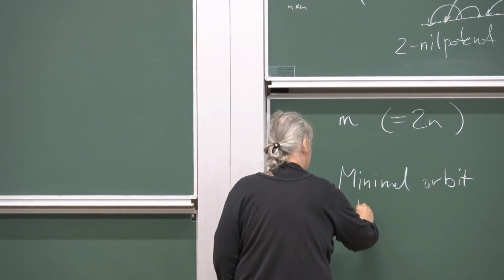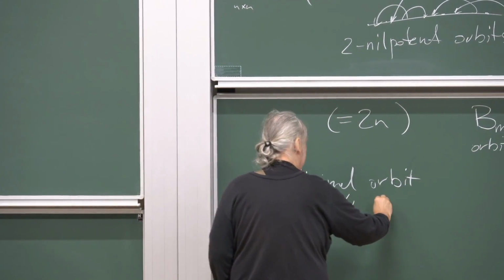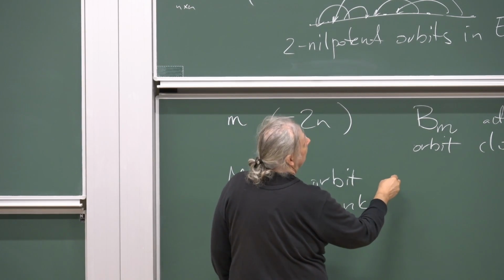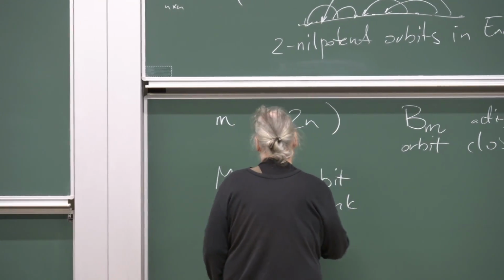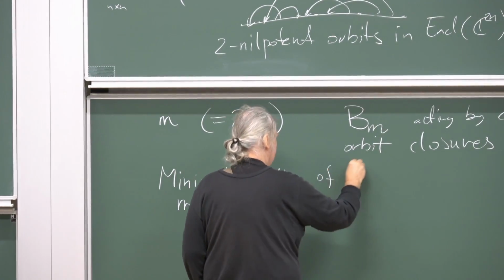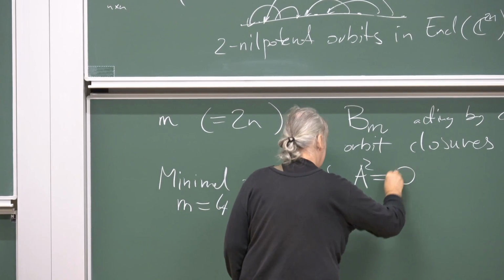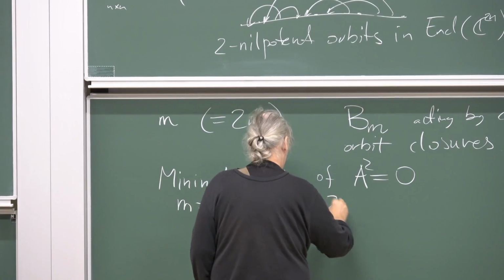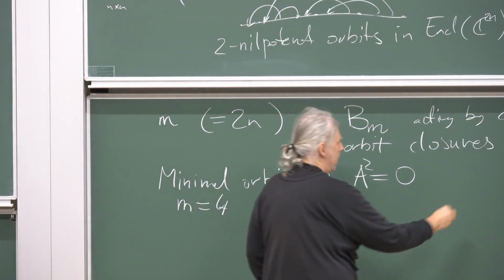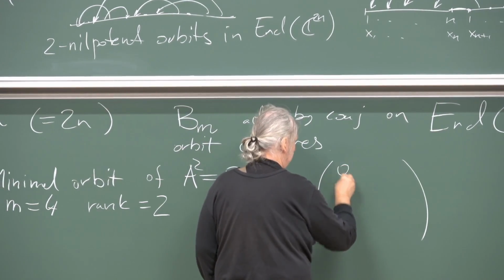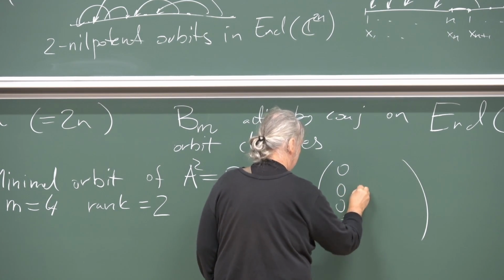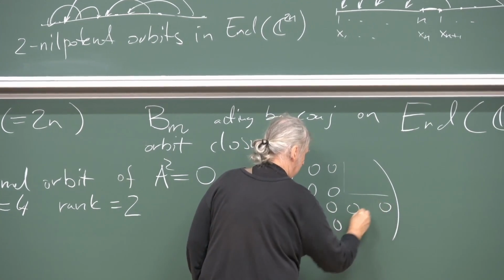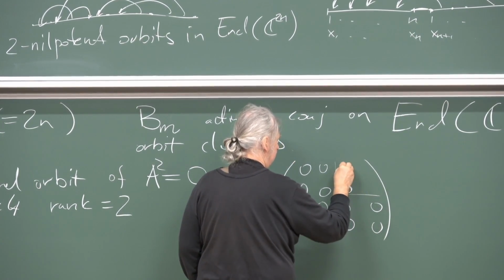Let's take m equal 4, and the rank of the matrix, it's called somehow the minimal orbit of matrices satisfying square 0, and so minimal rank, let's take 2, and it will be this block. You take 1, 1.